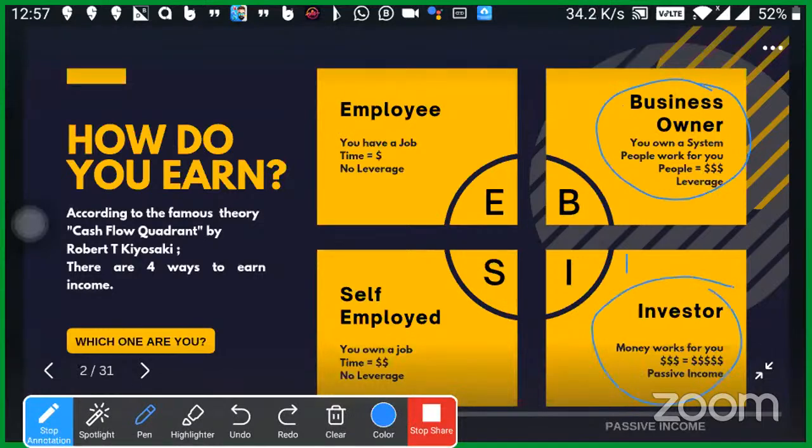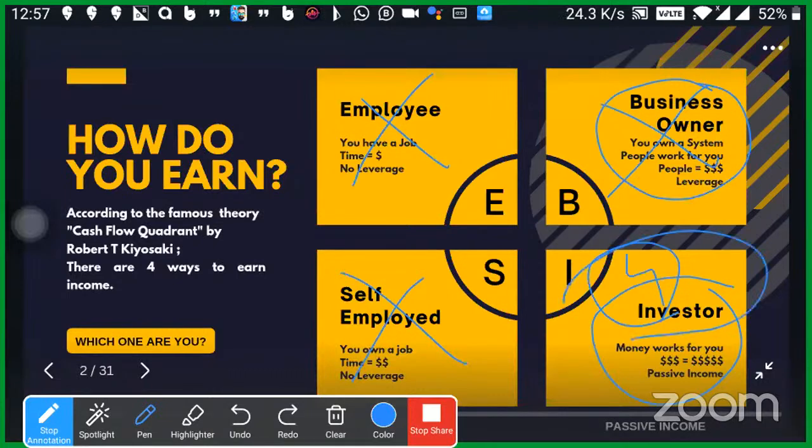So this is the fourth category. Who is an investor? Basically, he is not an employee, he is not self-employed, and he is not a business owner. He doesn't open a company, and he doesn't employ many people and pay them salary.